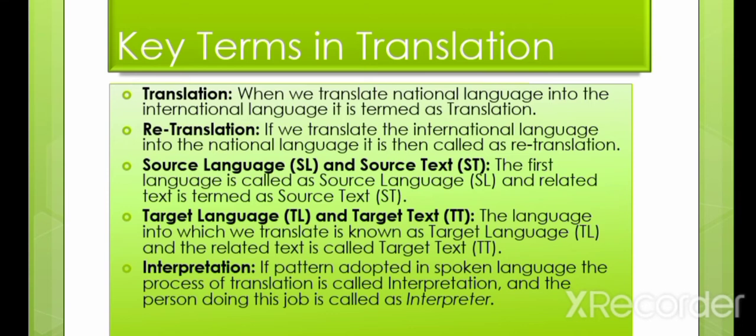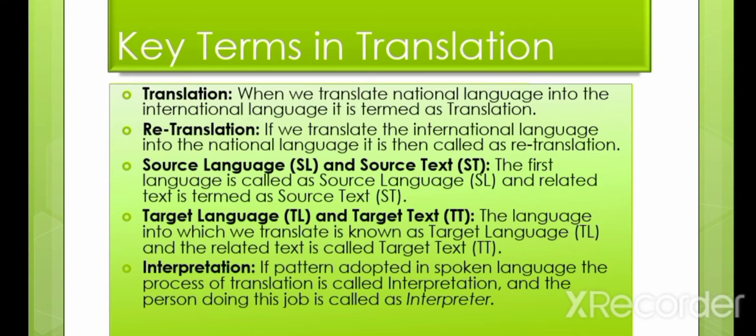For example, we translate something from Urdu to English. Here, English is our foreign or international language, and Urdu is our national language. We often call this a translation, but it is not.